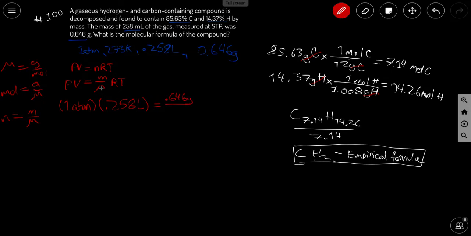And then since we're solving for the molar mass, that's our unknown variable. Then R is a constant. It's 0.08206 liters times ATM over mole times Kelvin. Temperature is given as STP, so that means 273 Kelvin.